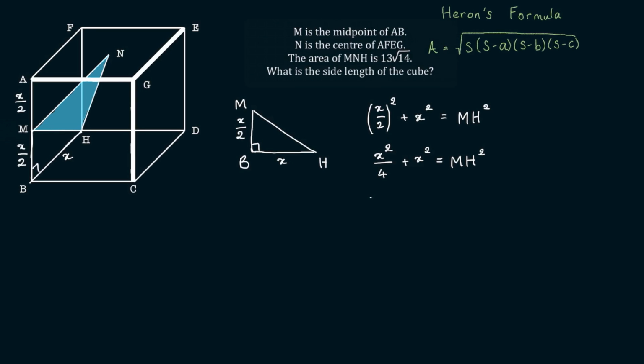Now if we simplify the left-hand side, we get 3x squared over 4 equals MH squared. And now finally to solve for MH, we'll take the square root of both sides.